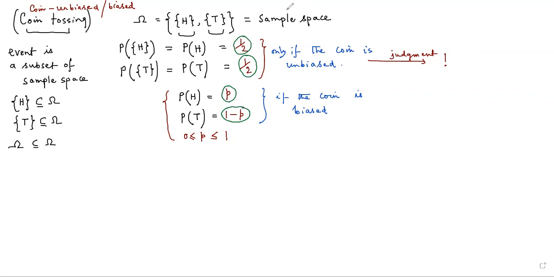Now, since we are doing lots of problems on this very basic situation, there needs to be some tool which will help me to say that the coin is unbiased. So what is that way?